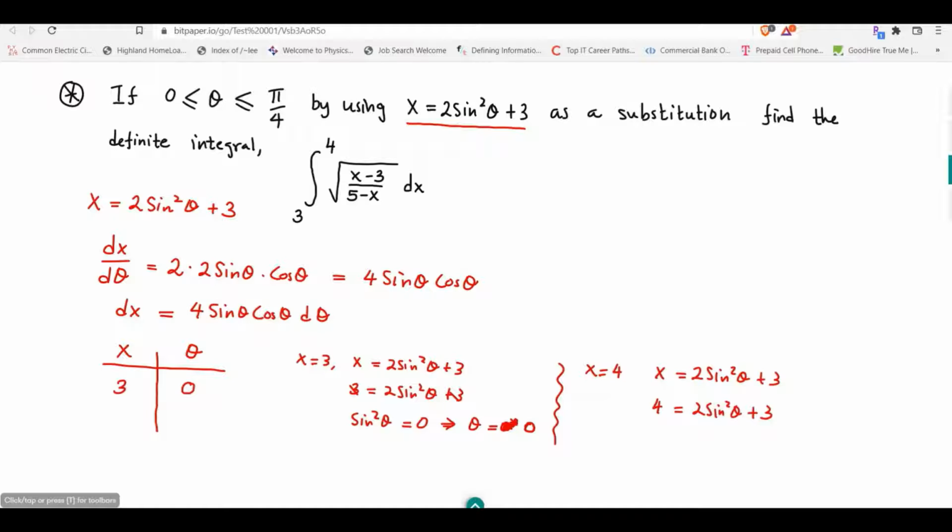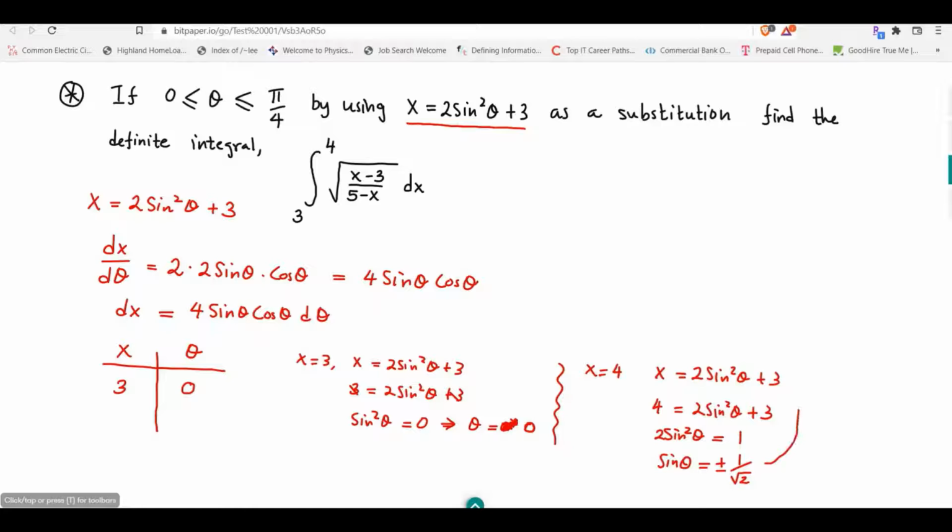Then I have 2 sine squared theta equals 1. So sine theta, you can see, is going to be plus or minus 1 over square root of 2. Okay. Now, there are two values for sine theta. So what are we going to select? That's where we are going to use this limit, this range.